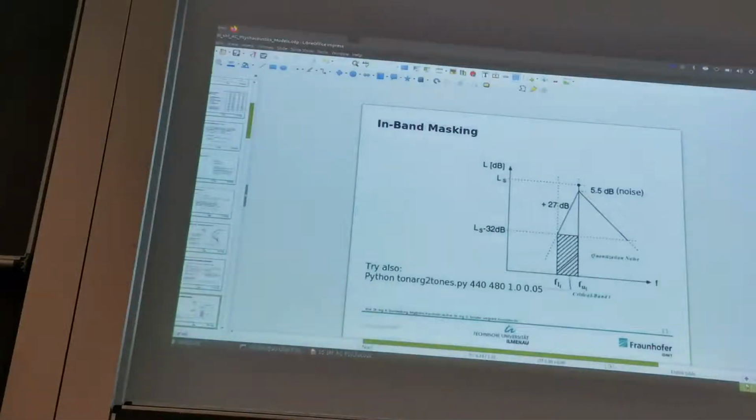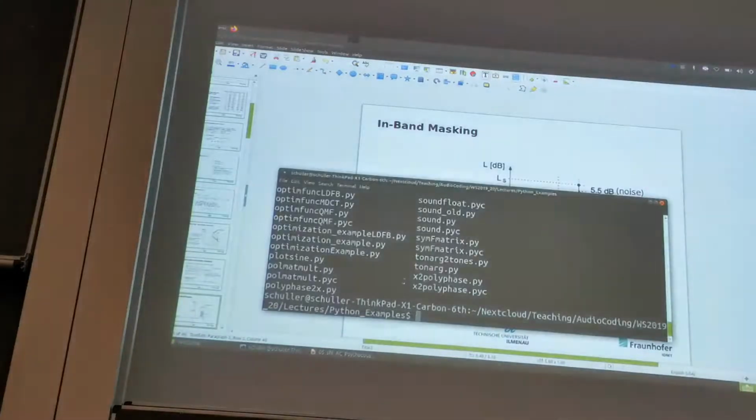This is also something you should try at home, because this Python script is also on Moodle, and you can easily execute it on your own laptop and try different combinations of frequency and amplitude.